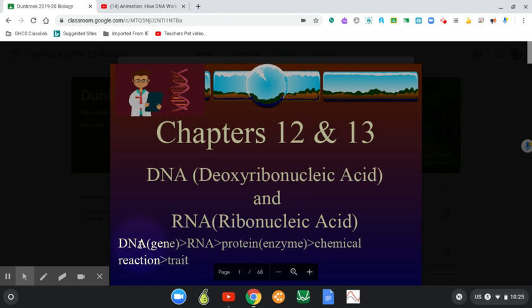And it gets a little bit complex, but it's going to basically involve DNA sending its message to its helper molecule, RNA, and RNA helping to build what we call a protein enzyme. You remember enzymes from chapter 2. They are proteins that control our chemical reactions. So we build a different protein to get a different chemical reaction, which gives us a different trait.